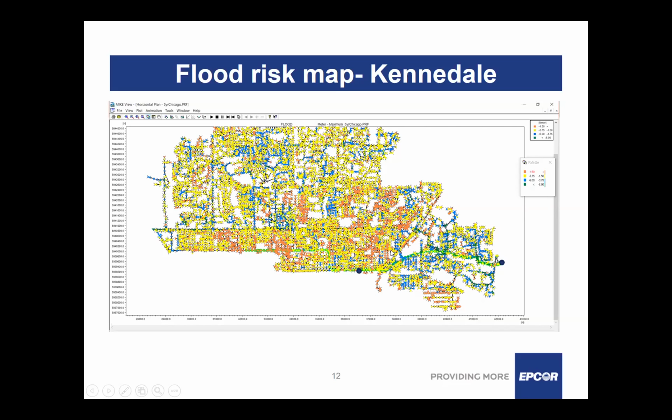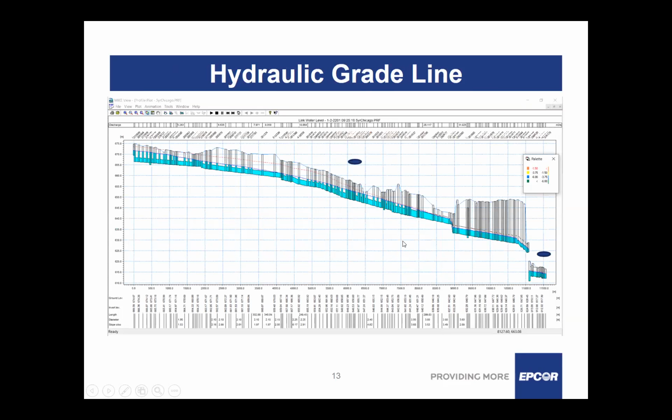I've noted these two locations. So this is your typical hydraulic grade line. The blue line that you see is the instantaneous water level within the system. And if you look carefully, there's a dotted red line coming across. That would be the maximum hydraulic grade line for the event that we've run. This is just a 1 in 5 year event.